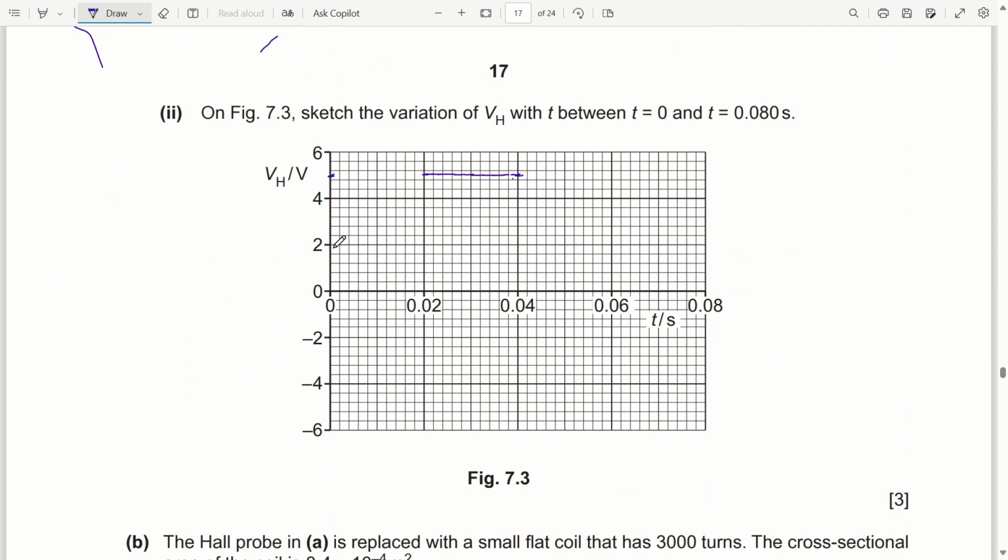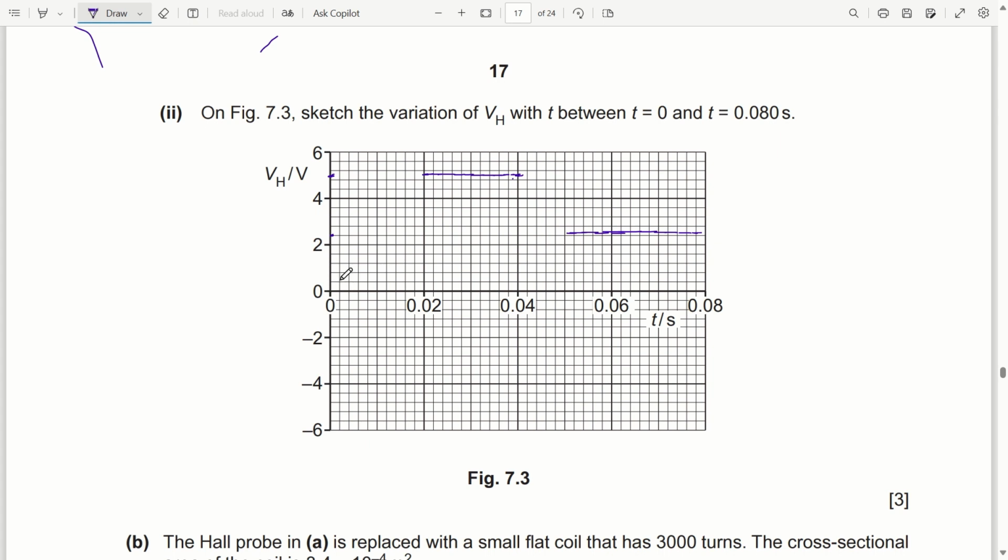So let me mark 2.5. This is 2, and this will be 2.2. This will be 2.4, and somewhere here 2.5 will be here. So this will be a straight graph like this.